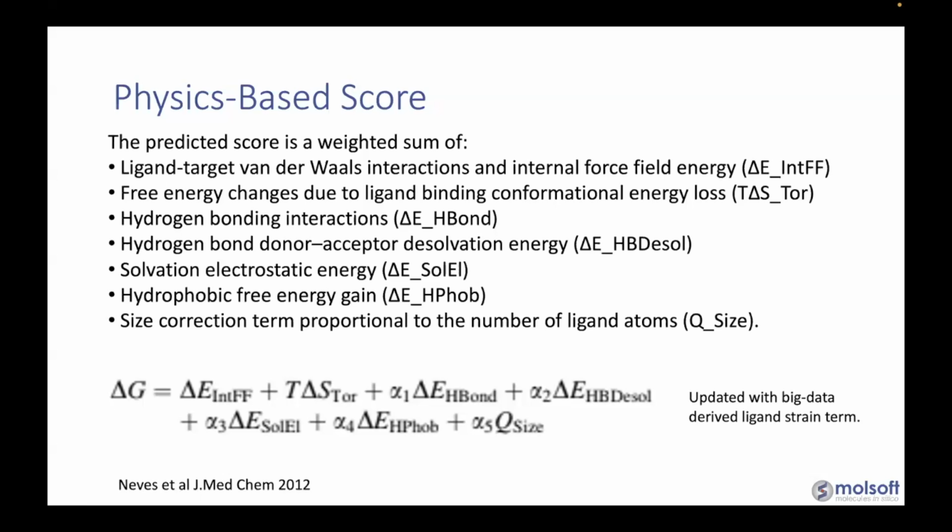We have a desolvation term as well, which gives a cost for removing the water molecules from the binding site, and an entropy term for ligand flexibility, accounting for loss of degrees of freedom upon binding. It's also been updated in the last few years with big data derived terms for ligand strain. So you'll get a penalty if your ligand is particularly strained.